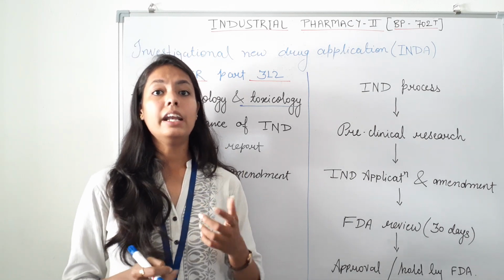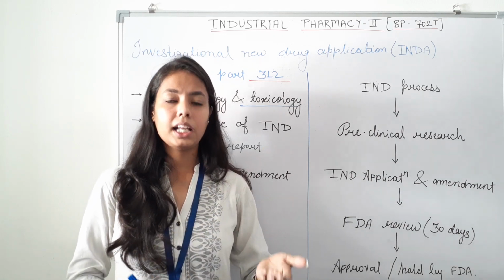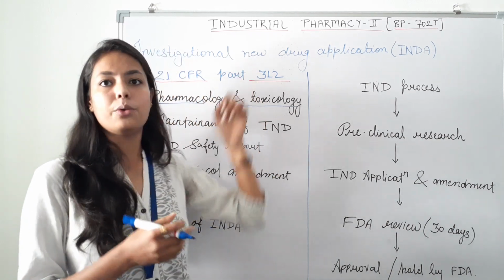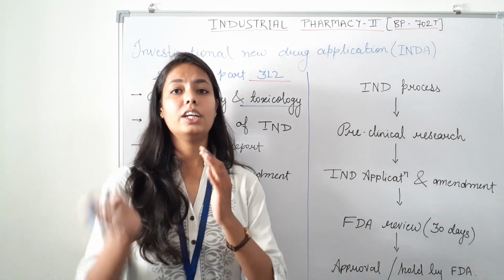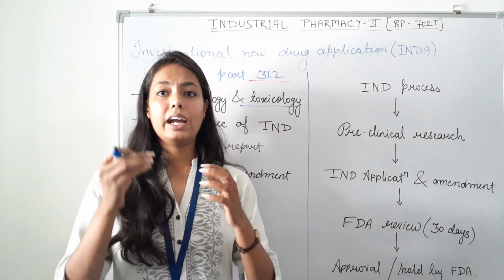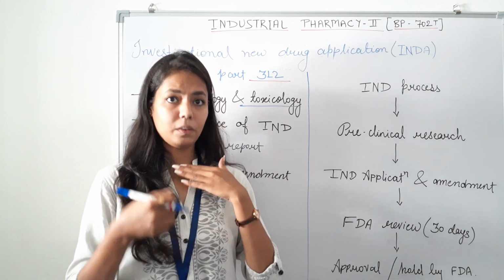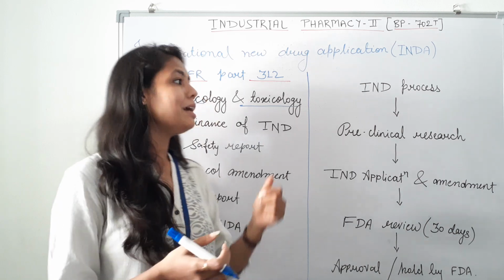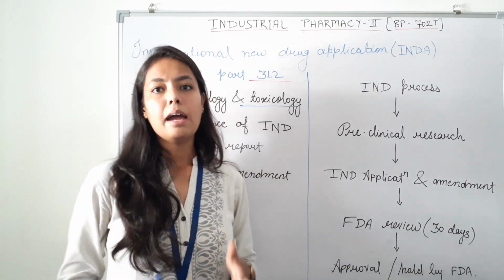In addition, any published information regarding the safety of that particular drug must also be provided. The list of countries other than the United States where the drug is marketed, or was withdrawn from the market due to safety or effectiveness issues, should be mentioned in the investigational new drug application.